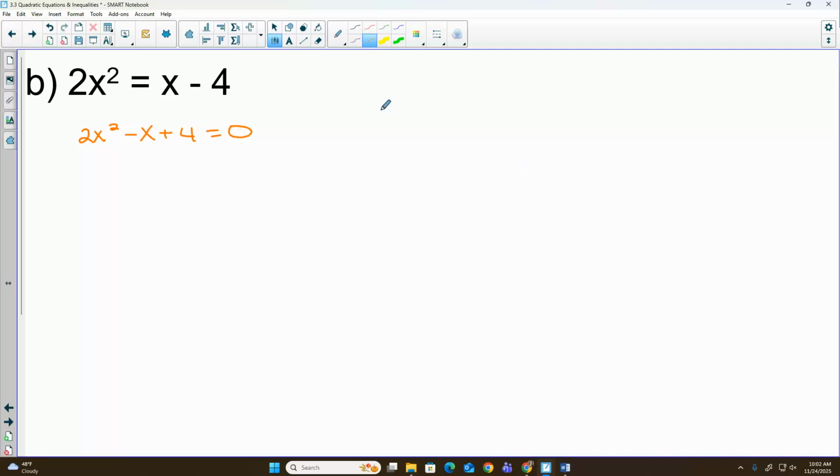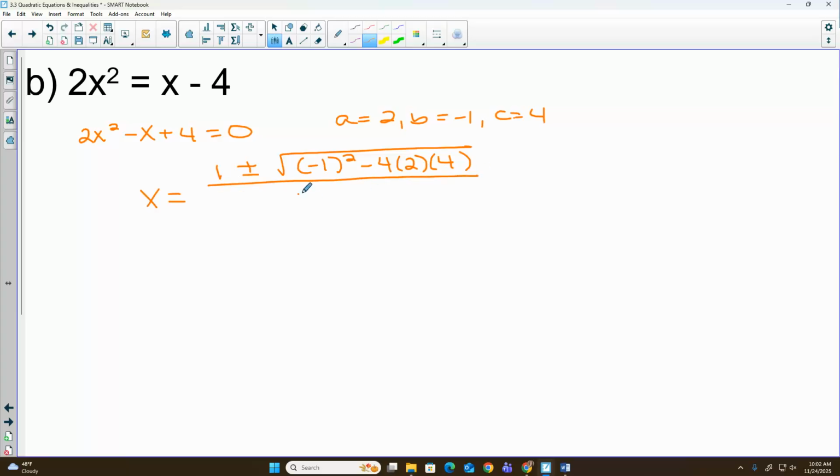Alright, then from here, my A is 2, my B is -1, my C is 4. So x equals the opposite of B would be 1, plus and minus the square root of B squared minus 4 times A times C, all over 2A.